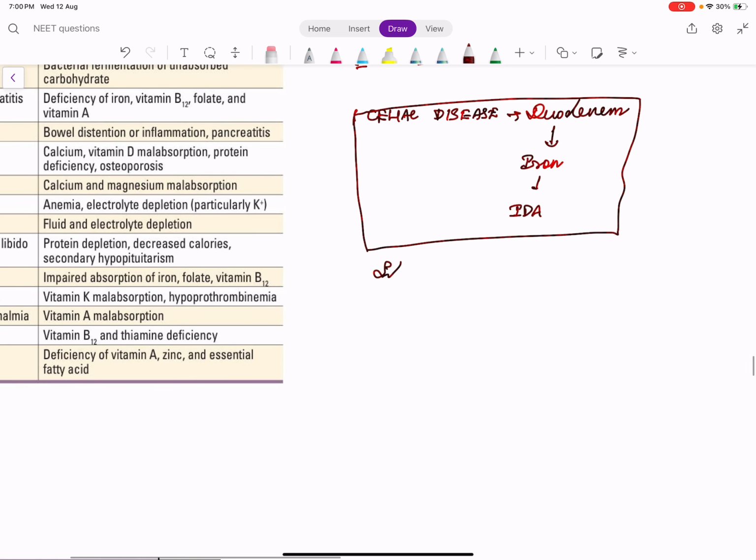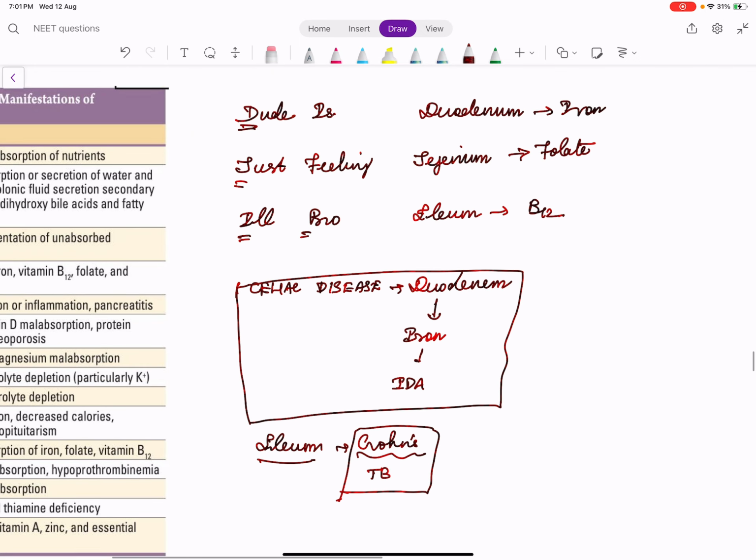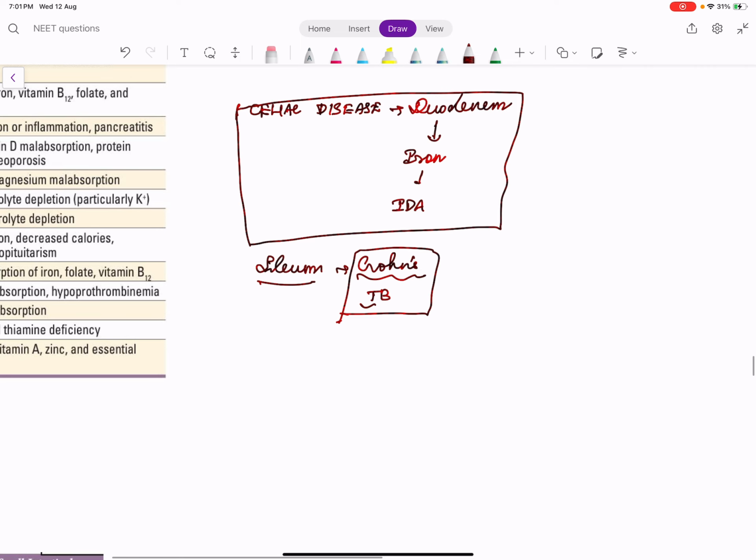Now, one disease which affects the ileum predominantly is Crohn's disease. Crohn's disease and tuberculosis are two important diseases which affect the ileum. I told you ileum is the site of B12 absorption. So if there's Crohn's disease or TB, of course there will be diarrhea, but which vitamin will be deficient? B12 will be deficient. So there will be symptoms of B12 deficiency.